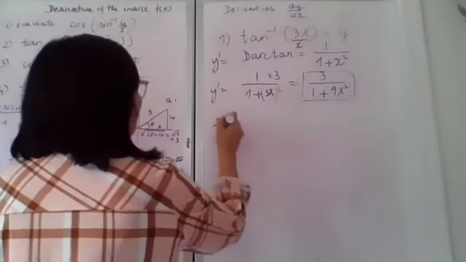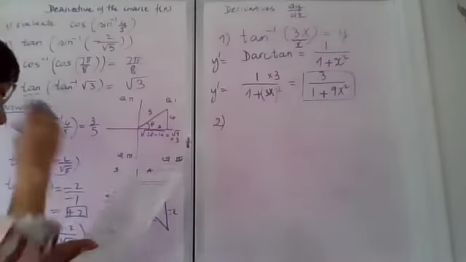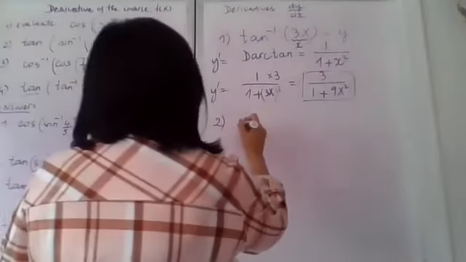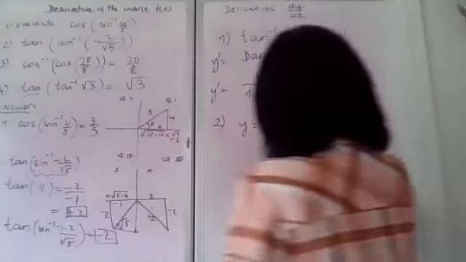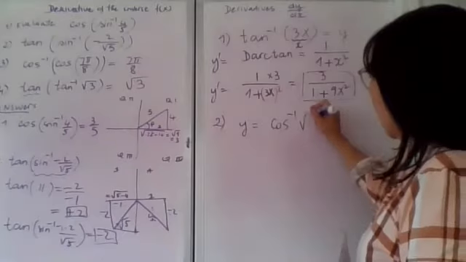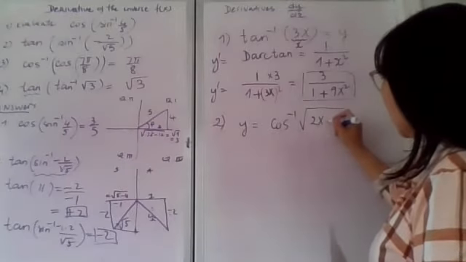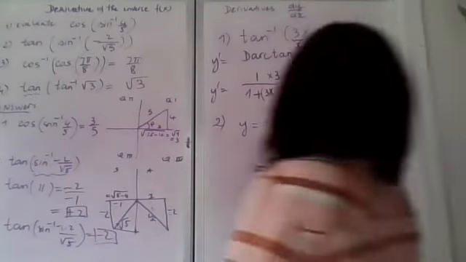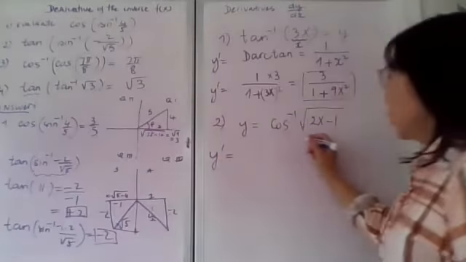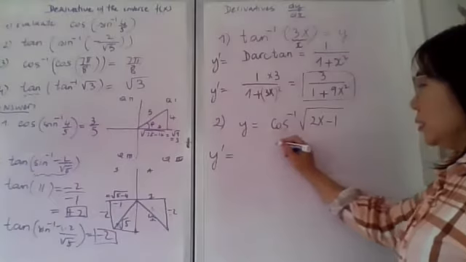Now let's go to the next question. Let's say the next question is y equals inverse cos of the square root of 2x minus 1. Okay, so y prime equals, now for the derivative, you have to look at the formula.